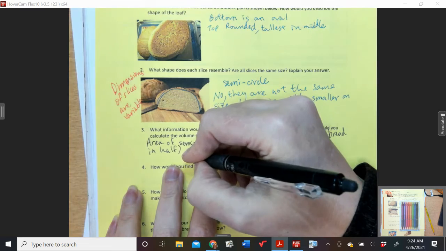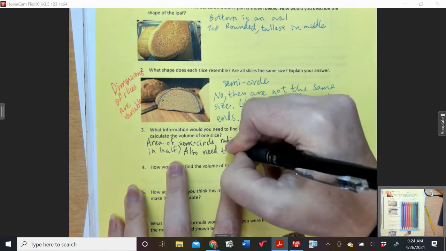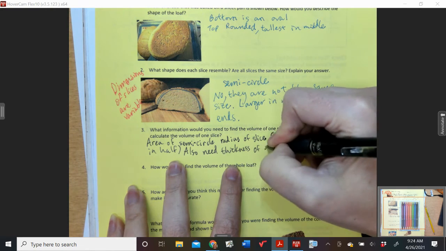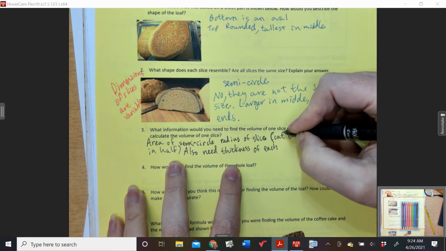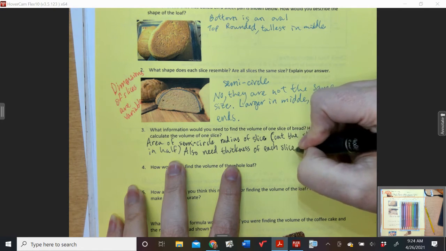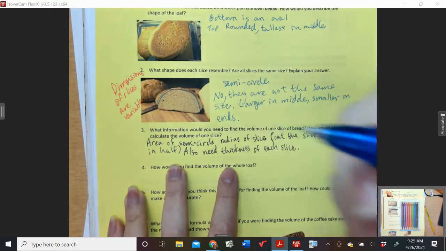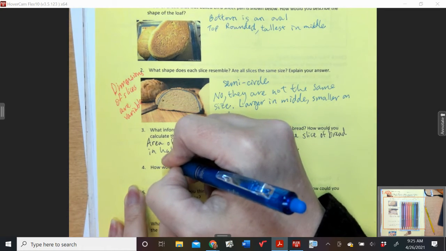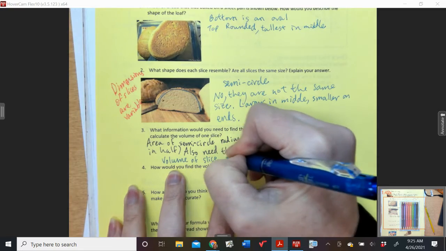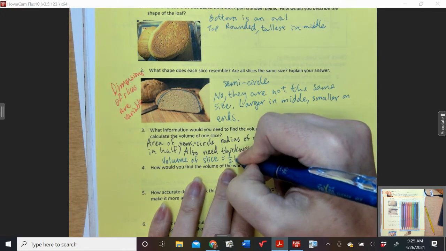We also need the thickness of each slice. And so the volume of one slice is equal to 1/2 pi r squared, because it's a semicircle.